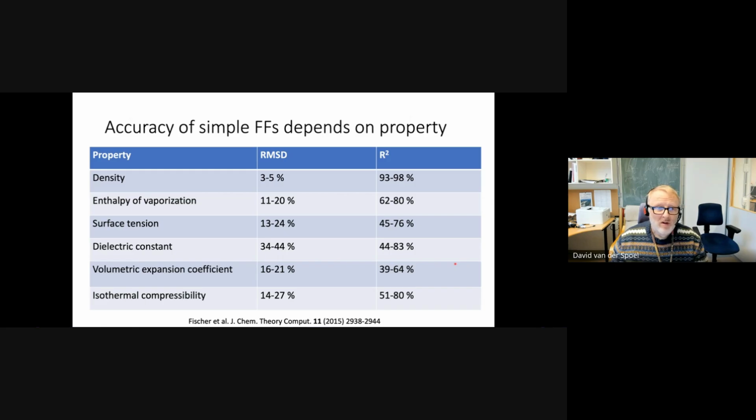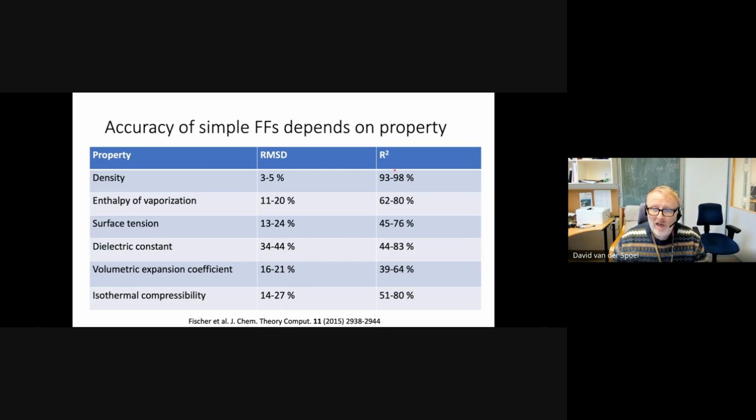And if you look at the number of properties and look at the average error, you see that it depends a bit on what property you're looking at, but the errors vary from a few percent to 15-20%, depending on what you're looking at.